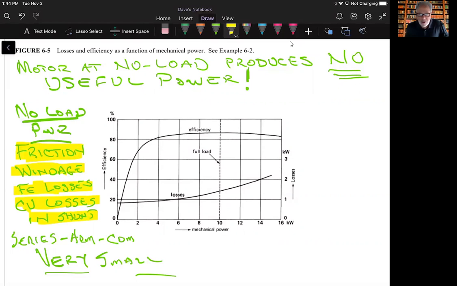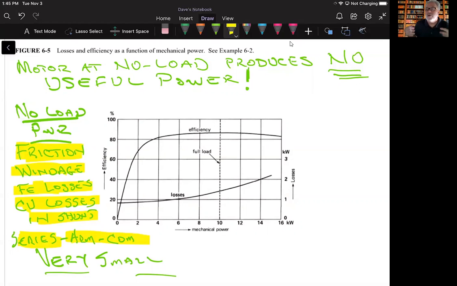Now, there are also I-squared R losses in the series, armature, and commutating portions of the motor, but those are very small, seldom more than 5% of the full load current. So we usually don't consider those.